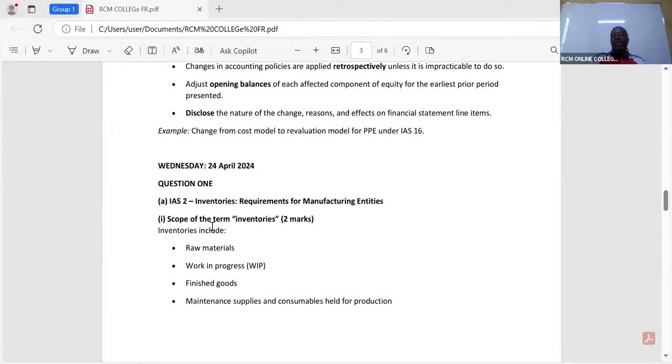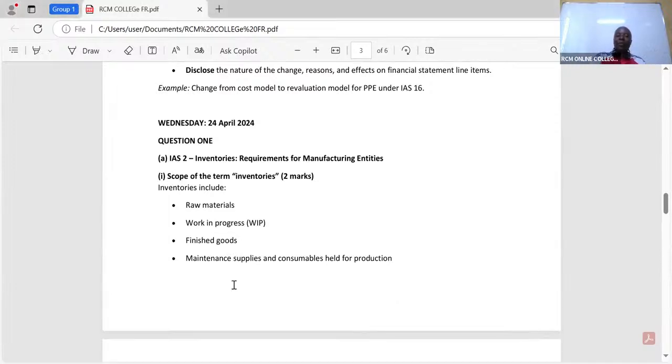So like now here, they asked us the scope of inventories as per IS2. So we have raw materials, work in progress, and finished goods. For example, the cars that we have been able to finish manufacturing, if they haven't been sold, they will be taken as inventories. And then we have maintenance supplies and the consumables held for production.